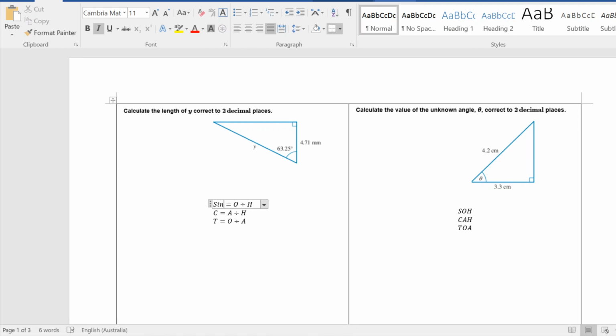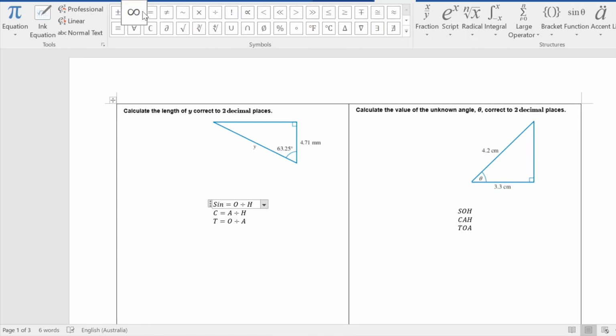sine, okay, and that is sine theta. There we go. Okay, so I'll just copy and paste this one. So sine theta equals O divided by H, or as you're about to see, O over H, like so.